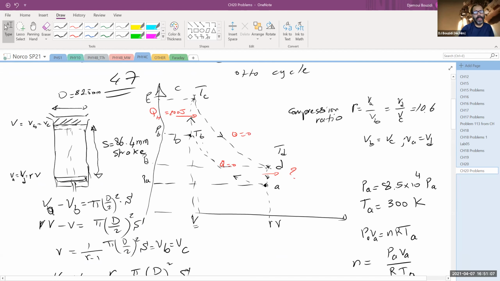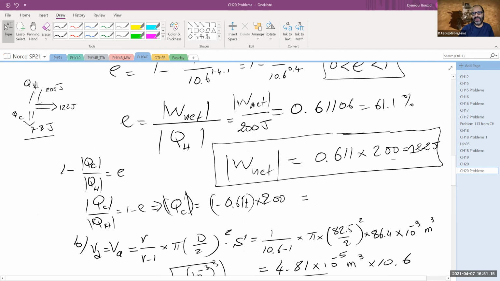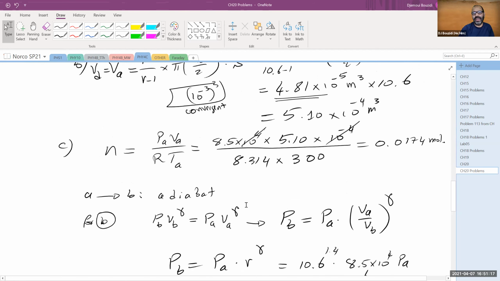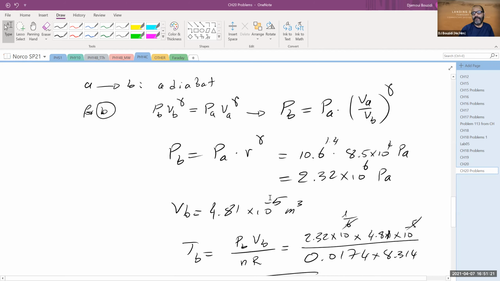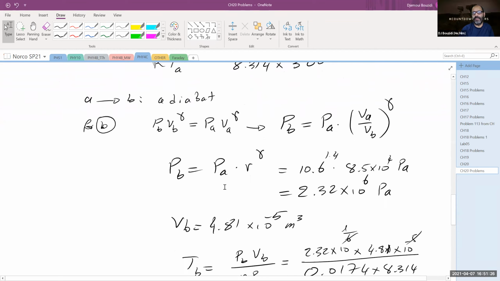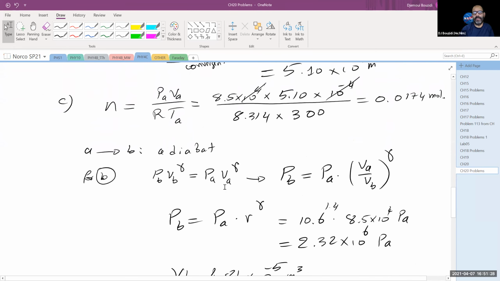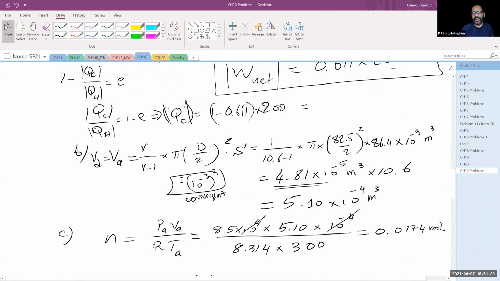Okay, I'm going to leave it to you guys to find what PD is, because we know what VD is. VD is actually the same volume as VA. Where is the volume VA? Point A, yeah, point A was the first one.